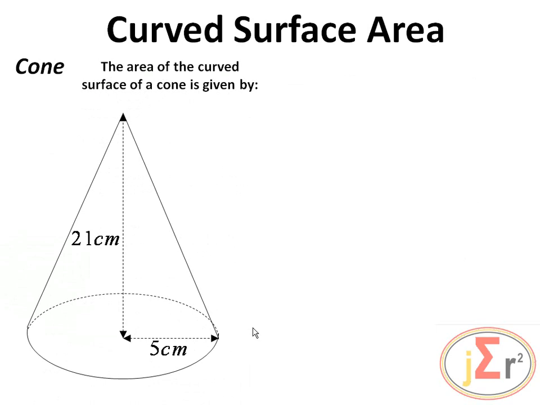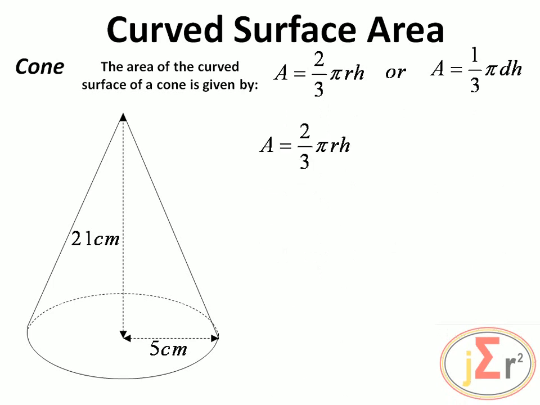The area of the curved surface of a cone is given by area is equal to 2/3 pi RH, or area is equal to 1/3 pi DH. And no problem, we have the radius, so let us use the one that pertains to radius. And we have 2/3 pi, the radius of the base, and the height.